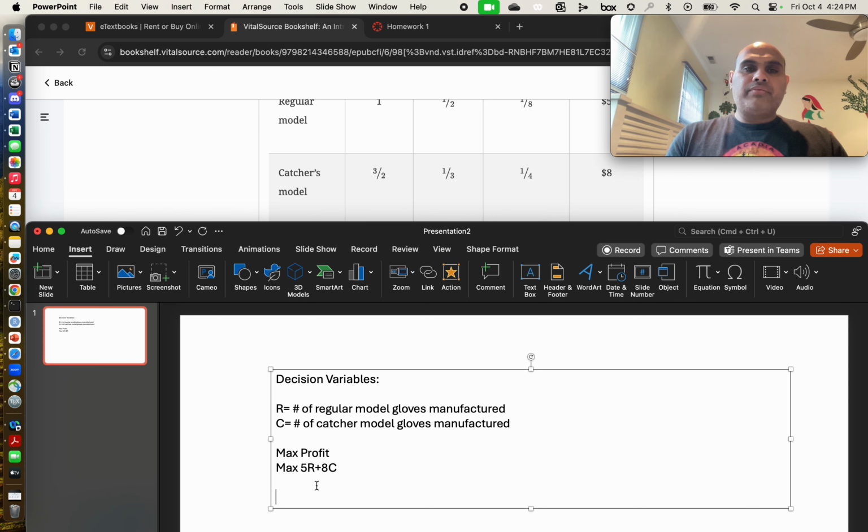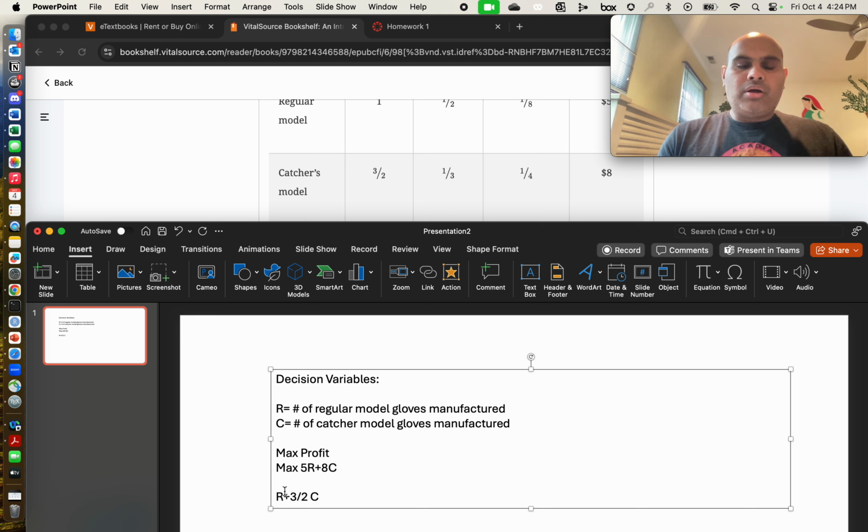So the first constraint will be 1 times R, right? So I'm just going to say R plus 3/2 of C. This is the total time required to cut and sew all the gloves that you have, and that's less than or equal to 900 hours, right?